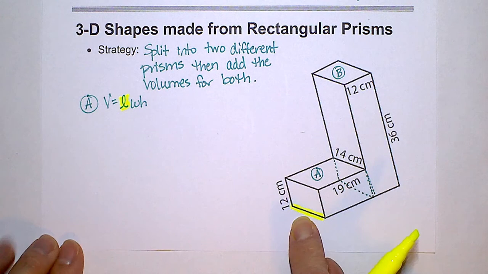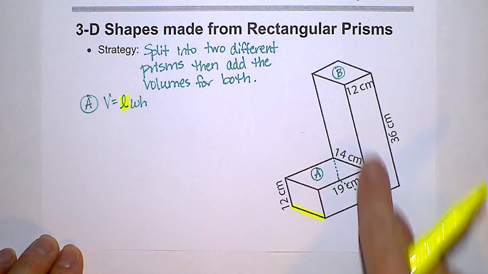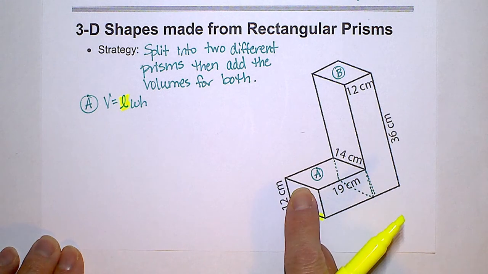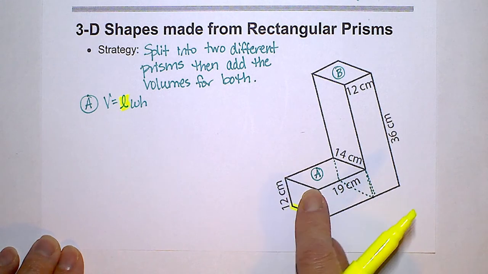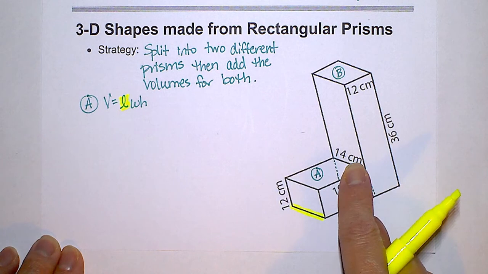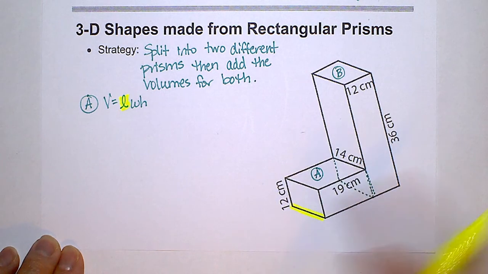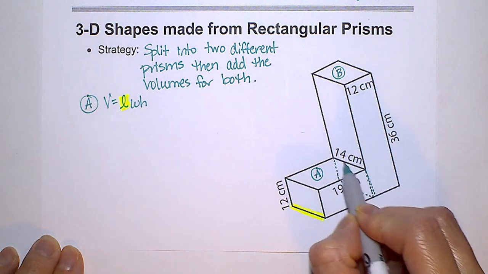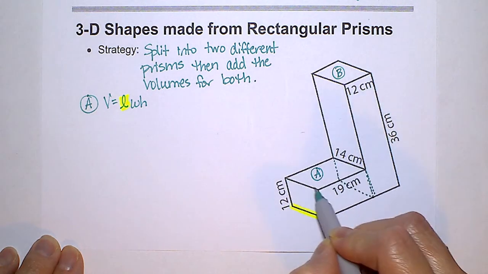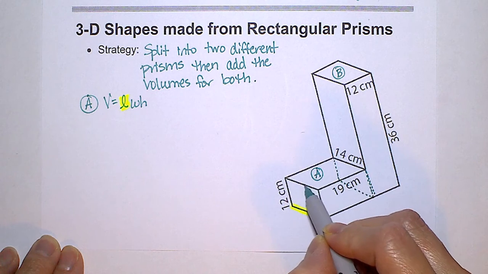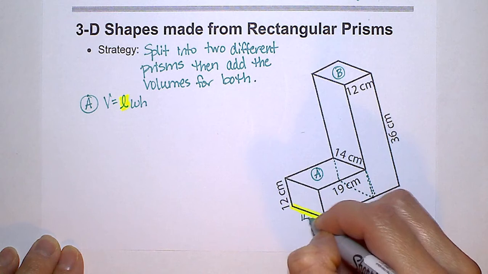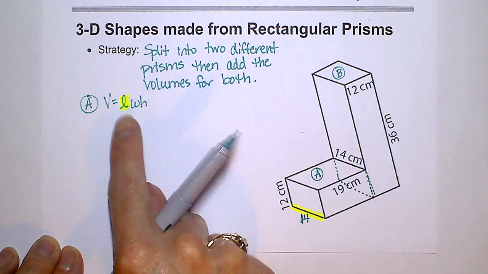But if I look around my picture, I notice that the bottom of this rectangle should be the same as the top, and the top, which is also like the left side, is the same as the 14. So we're actually going to label this, since this measurement is 14, this would also be 14 because it's a rectangle, and the top 14 here would be equal to the bottom of 14 here. Okay, so I know my length already.